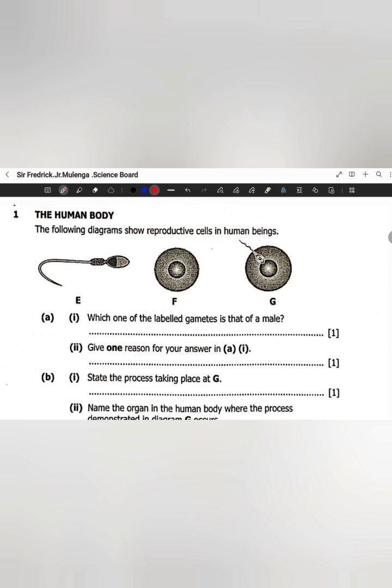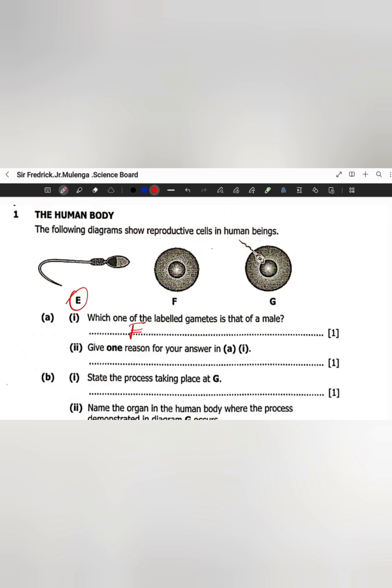If I were you, I would go with E. Just write that, don't add anything, because in the process of wanting to shine, you might make a mistake with a wrong spelling. So just put the letter E. Give one reason for your answer.